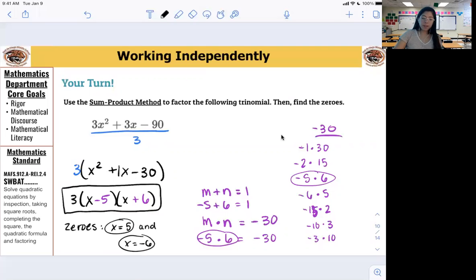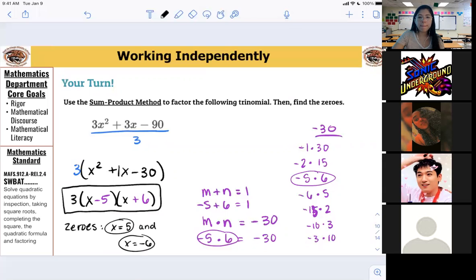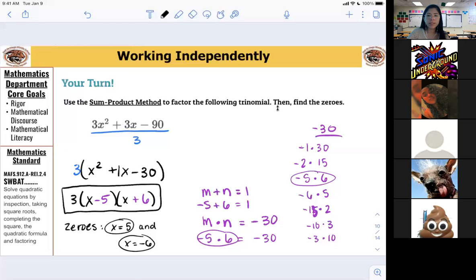So how do we feel now compared to how we felt at the beginning with factoring? Give me a little emoji symbol in the chat. How do we feel? In the chat or on the reaction button. I see Karina's got a thumbs up. Bianca's got a thumbs up. That's it, just two?